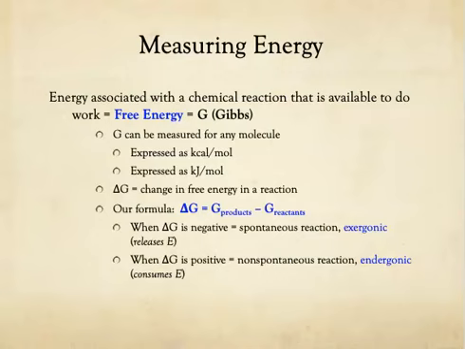Now we express G in different ways, and we use different measurement systems to express it. It can be in the form of kilocalories per mole. Sometimes you'll see it as kilojoules per mole. But when we look at a reaction and we think about the G that's associated with each molecule in the reaction, we can also follow how the molecules change and how the G changes.